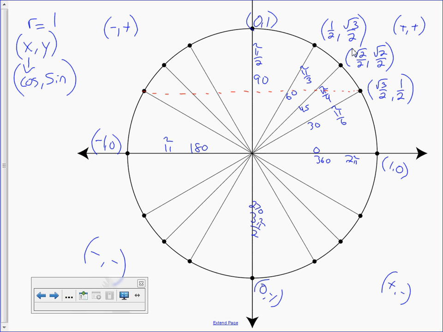X values or Y values? The Y value. They share the same Y value. What's the Y value at pi over 6? 1/2. So what do you think the Y value is here? 1/2.